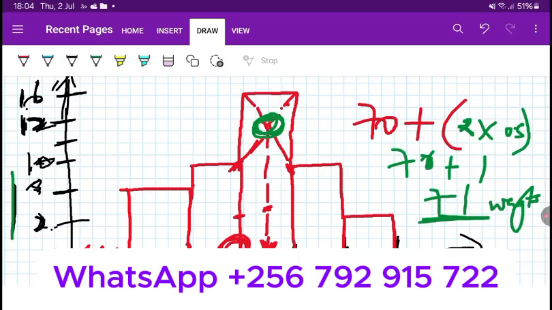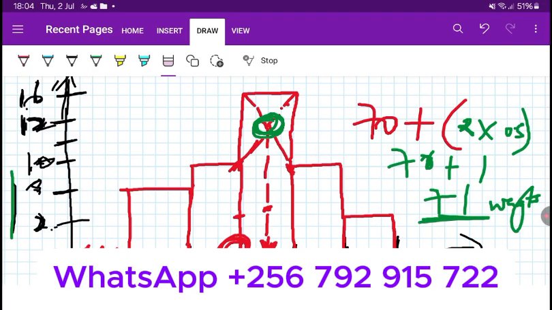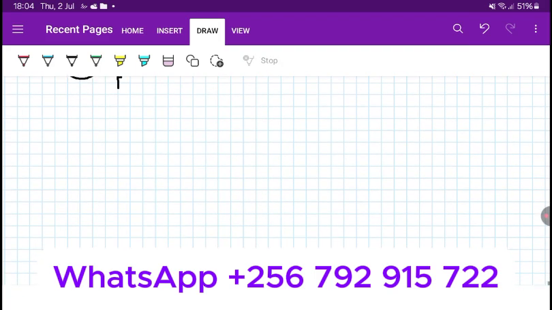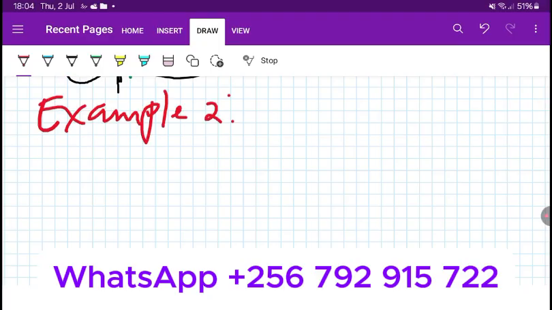So let's also look at how it can be illustrated. Then we see what we can have. Just have an illustration. Example 2, we have the following data below.